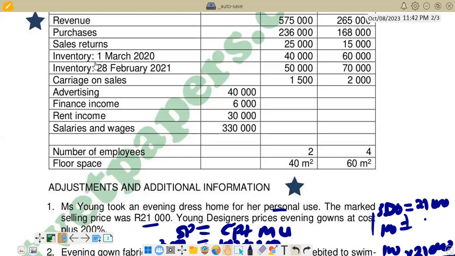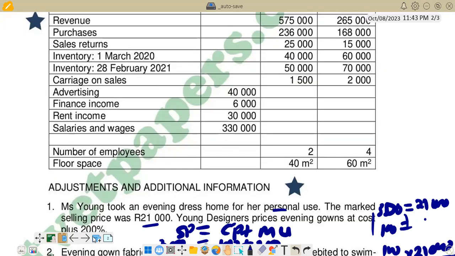So we are going to start beneath that. We are going to start with the opening inventory here, that is on 1 March 2020. Then we add our purchases. If we have got returns for purchases, we are going to subtract. Then we also subtract the closing stock on 28 February 2021. So let's start by entering our opening inventory, whereby we have 40,000 and 60,000.